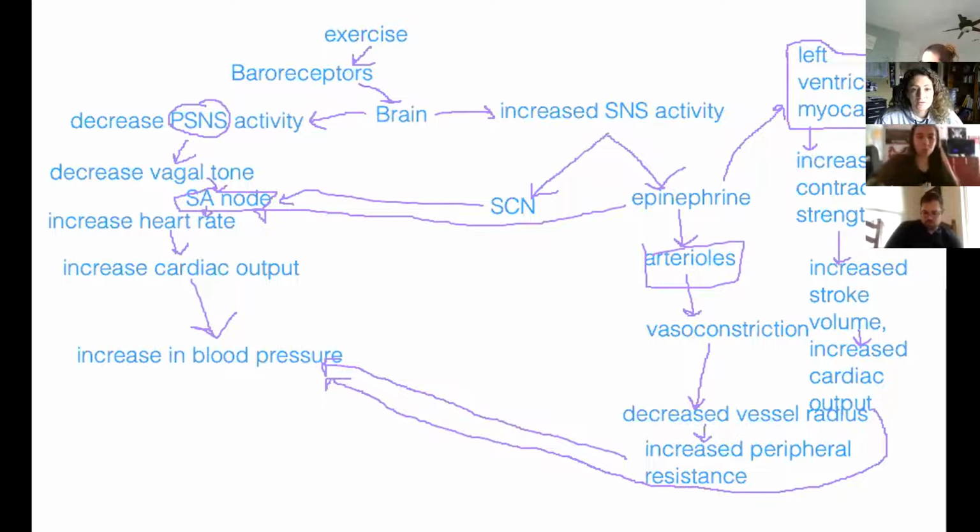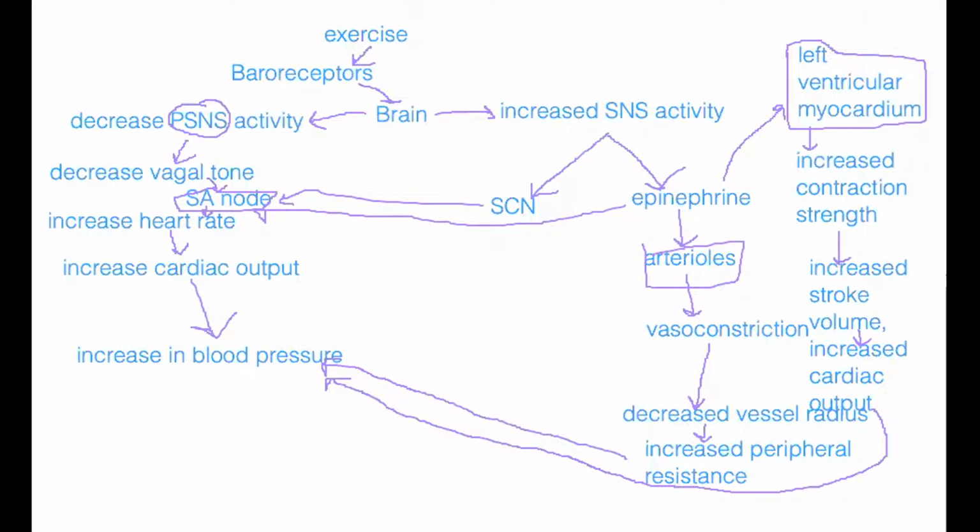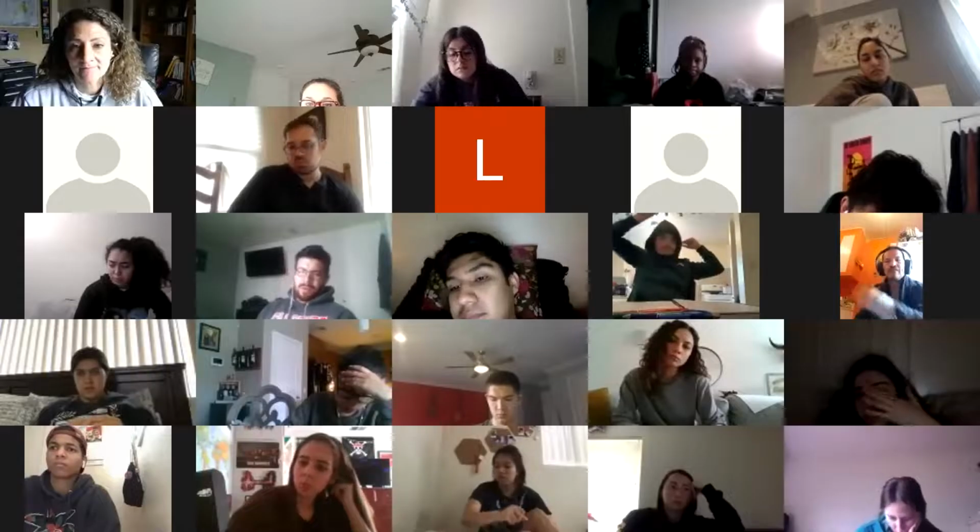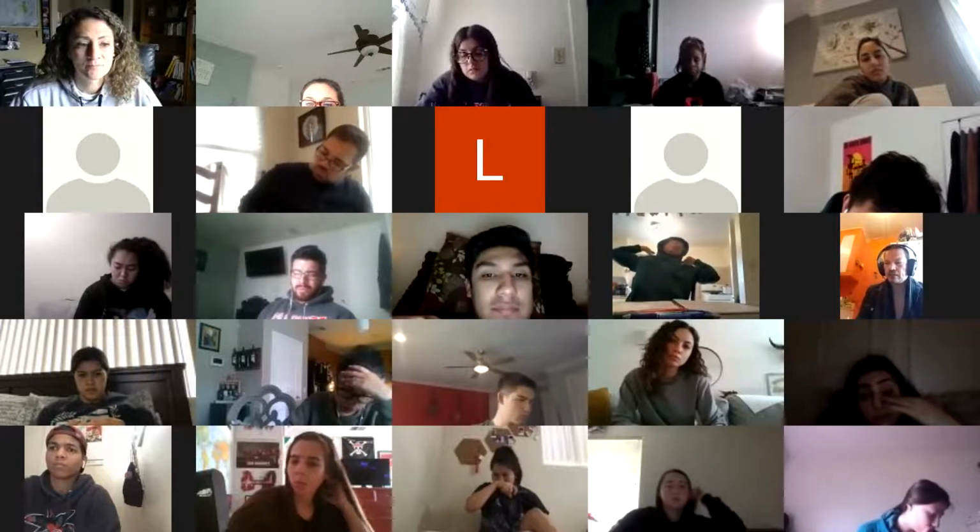I could ask you what's acting on the SA node to cause increases in blood pressure and how that works. So I could ask you a lot of questions that will involve the use of this map in order to give me all the details of the process. Okay, that looks great. Any questions on that one? Good.